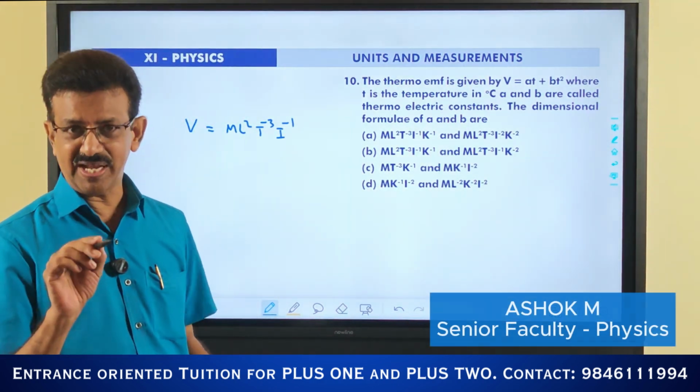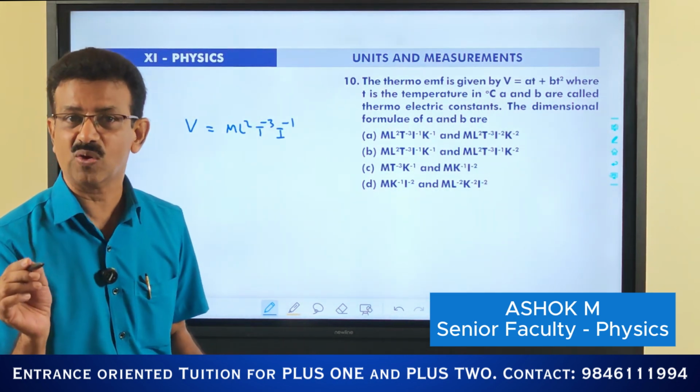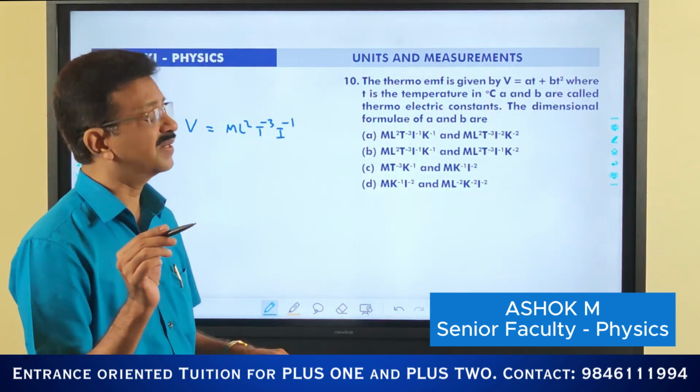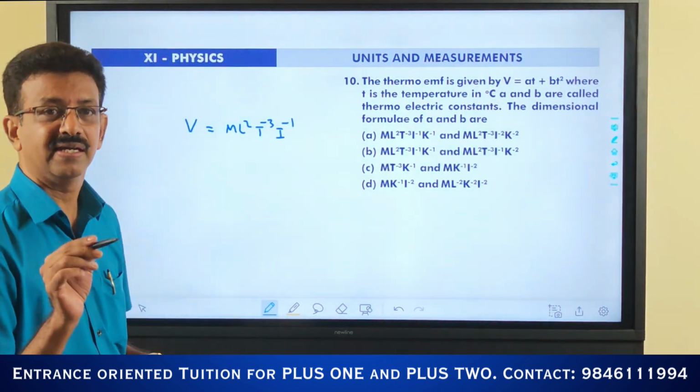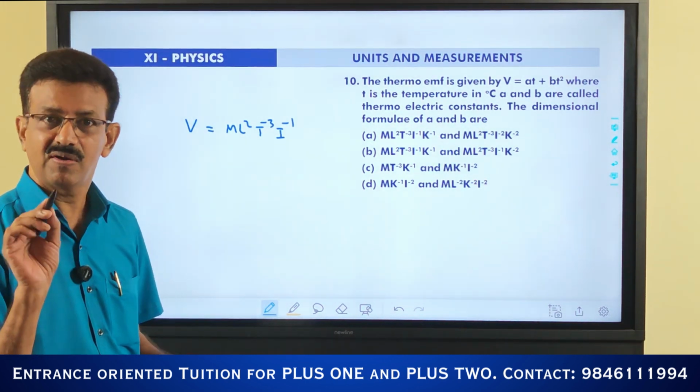In the given equation, V equal to AT plus BT square. Here, A and B are thermoelectric constants. Associated with A, T is there, and associated with B, T square is there. That is, all the three terms should have the dimensions of voltage.